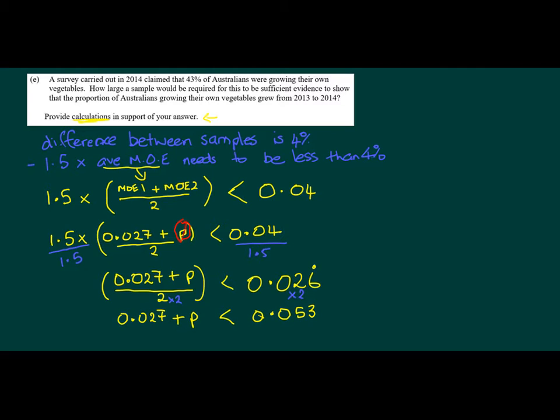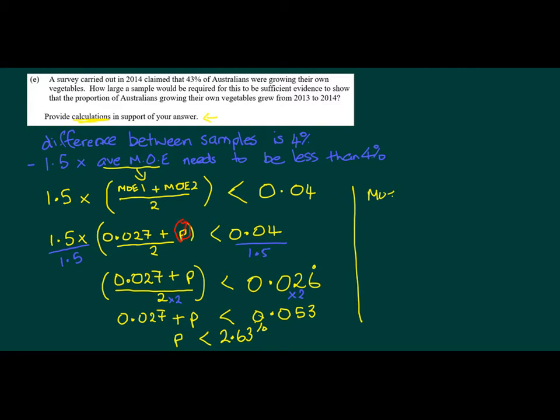And there we can solve that P must therefore be less than 2.63%.